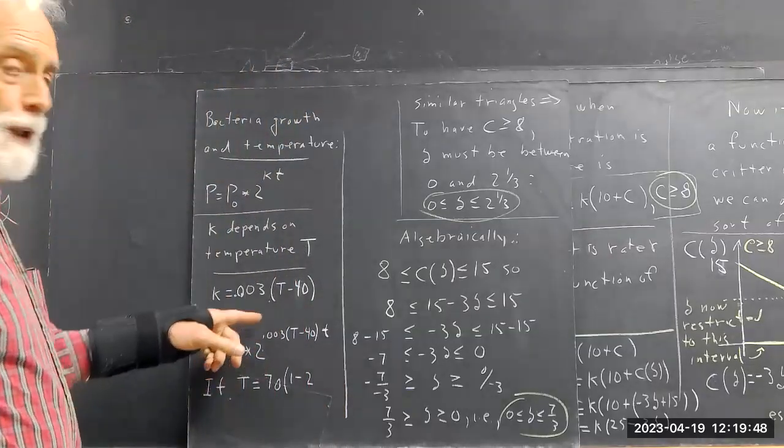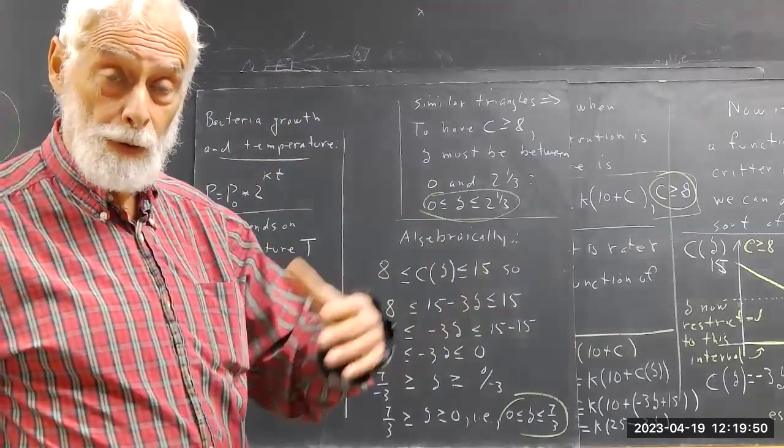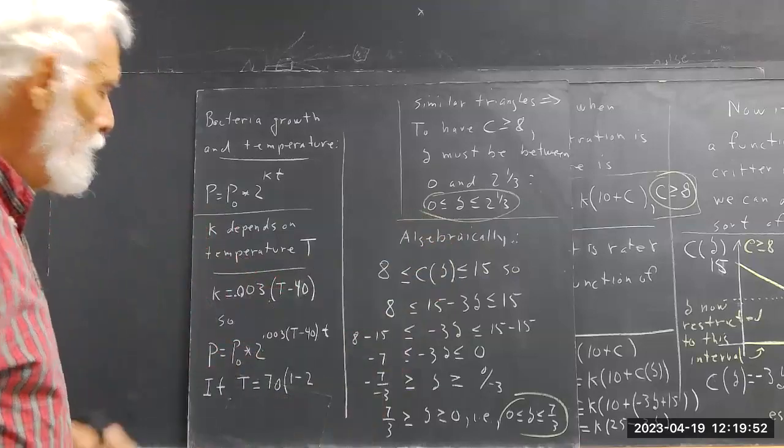Now, remember, we know about the 2 to the x function. We can graph the 2 to the x function and so forth, so you kind of know how it's shaped.